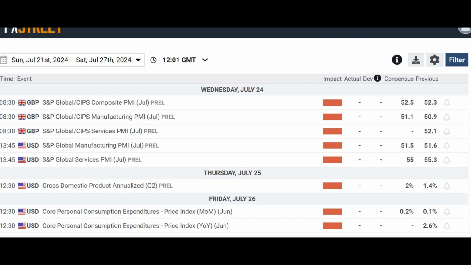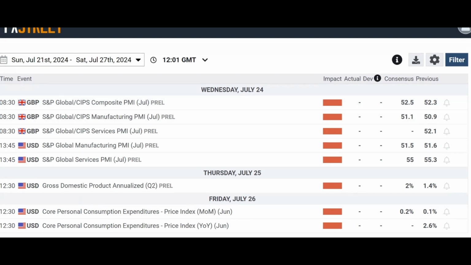Now, for the upcoming week, and based on the asset we are looking at, we are going to be focusing on economic features from both the United States and the United Kingdom economic docket. Now, the first high impactful event for next week is going to be coming up on Wednesday, July 24, and we are looking at the S&P Global publication from both economies.